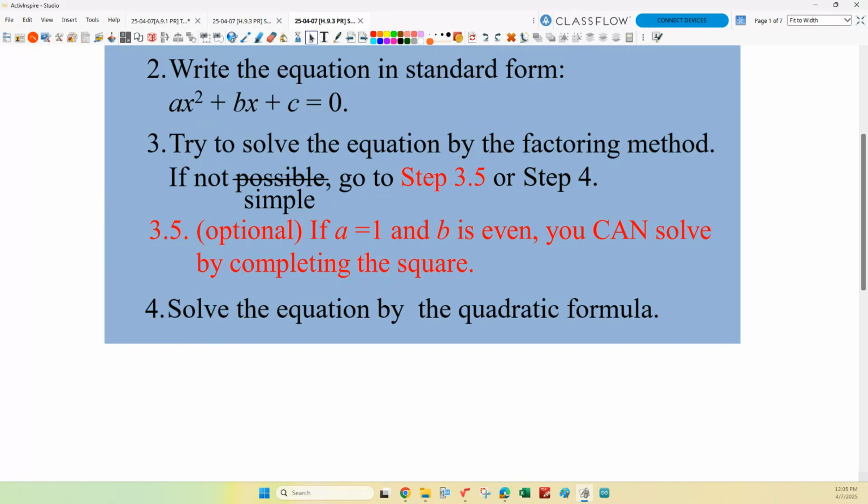What part of it is kind of a pain? Wouldn't you agree there's a fair amount of simplifying? You've got square roots to deal with. So in certain instances, it's just easier not to have to go through all that rigmarole and just get to the solutions in a simpler way. But you can always do it. Sometimes it's just not the most convenient option.